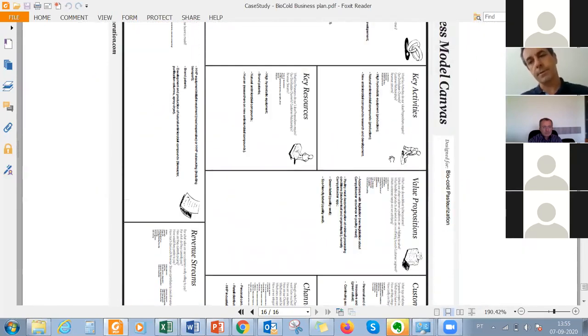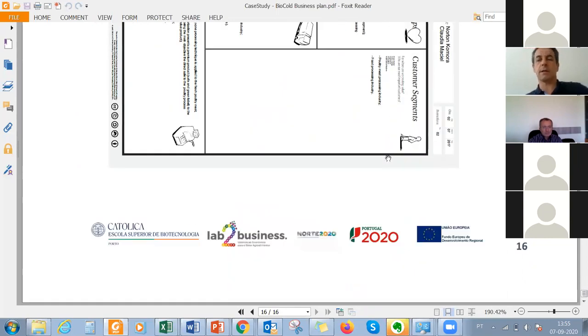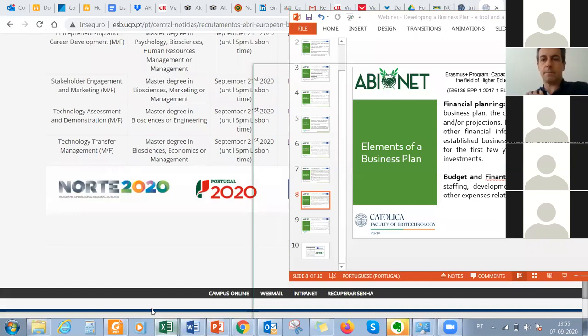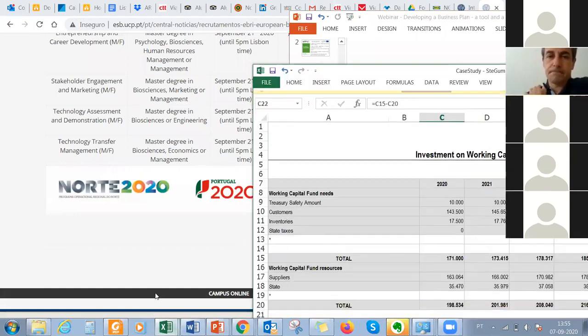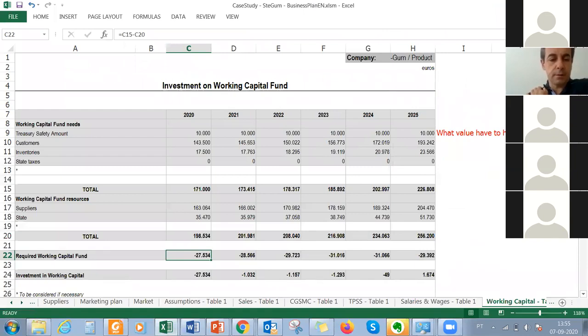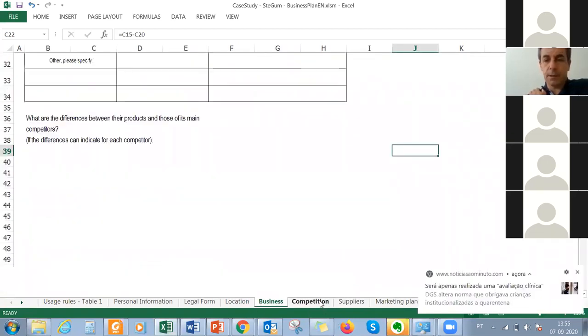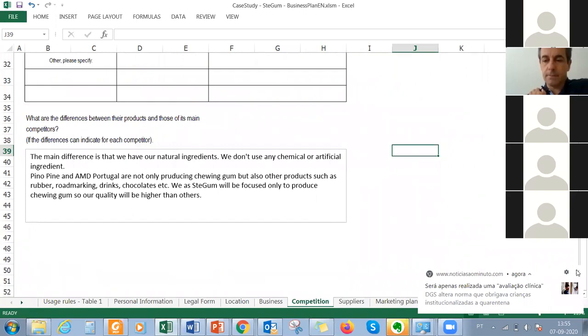So you see a business model canvas as an attachment, and I will show you another way that is simply using the template, the template that we were speaking about.